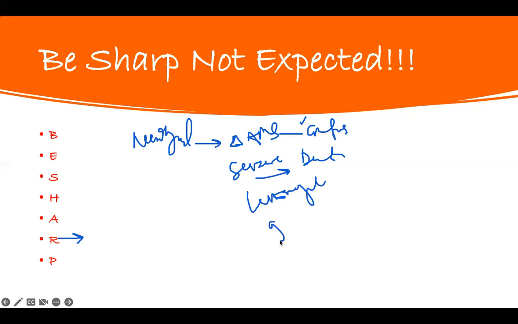If neurologically you are not functioning well, you can't send a signal to your breathing system to do what it's supposed to do. So the patient will be grunting. So when you see these words, you should be thinking, this doesn't look fine. So these are all word games. So that is how you're being sharp.